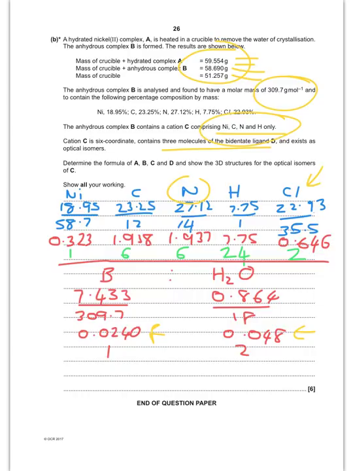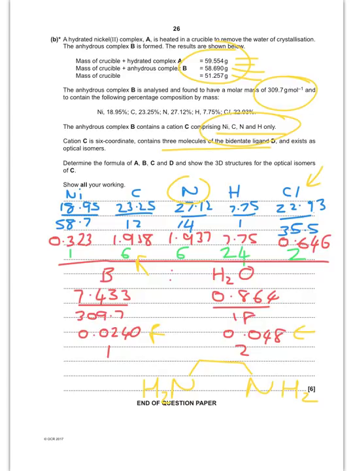So you've got 6 nitrogens and 6 carbons. It looks like you've got a bidentate ligand, so you need to have 2 nitrogens. For every 2 nitrogens you get 2 carbons, and then you're going to have NH2 there. So you've got that as your ligand.